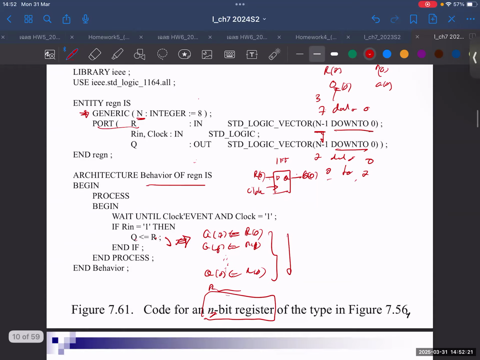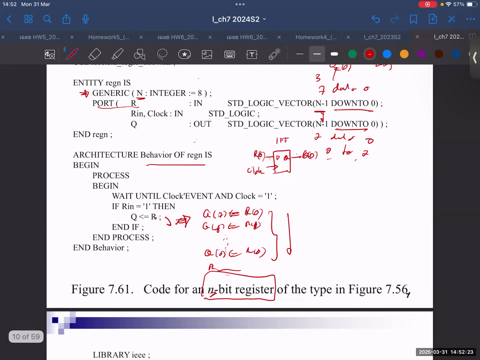Okay. And you have to understand, for example, this pattern will get you a flip-flop. Flip-flop with what? With enable RIN. You can see that everything is under the clock, right? Wait until clock event and clock 1. This is one way to write it.